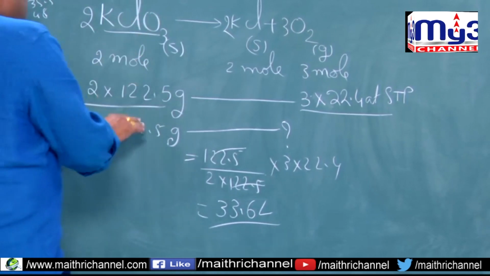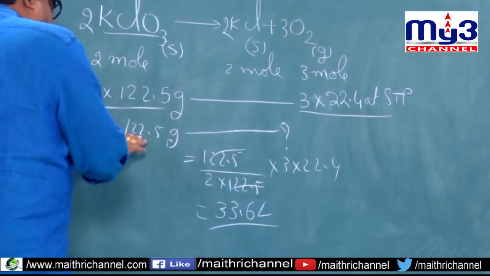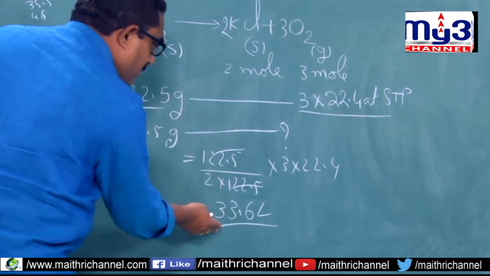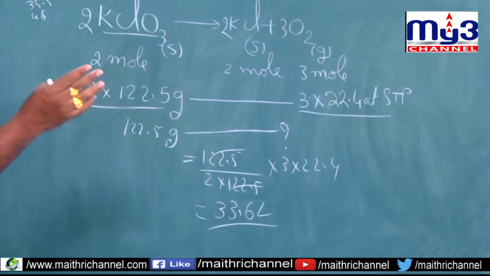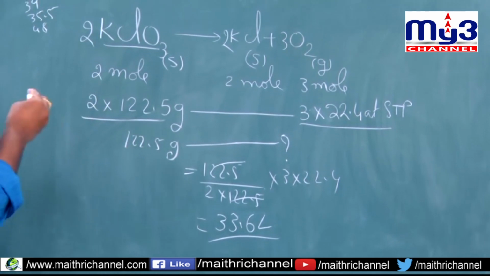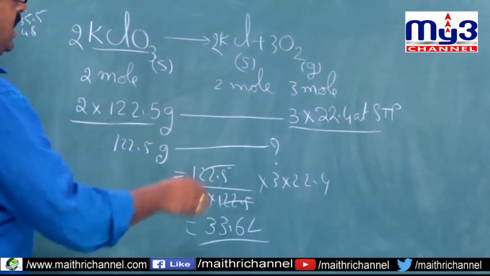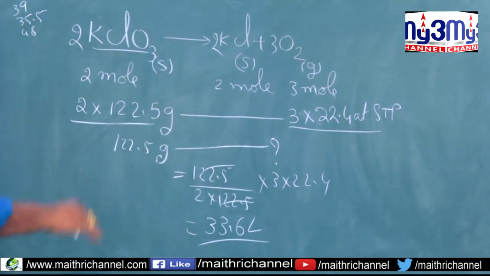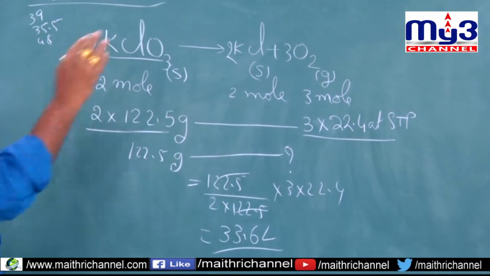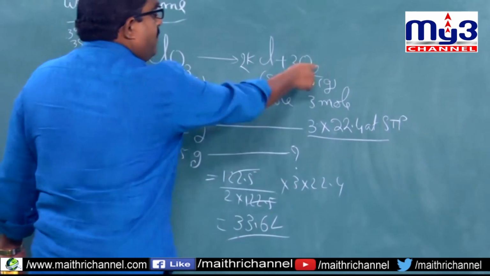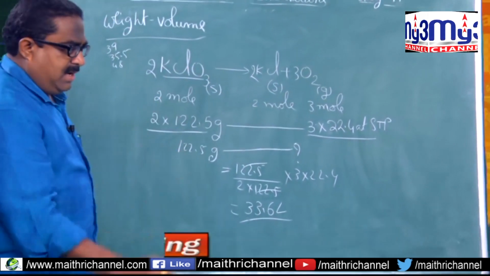If the question is asked by giving the weight and you are going to get the volume, the same question can be set like this: a sample of potassium chlorate on decomposition gave 33.6 liters of oxygen at STP.